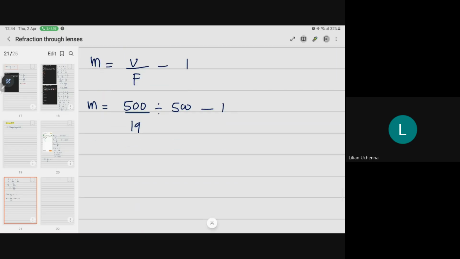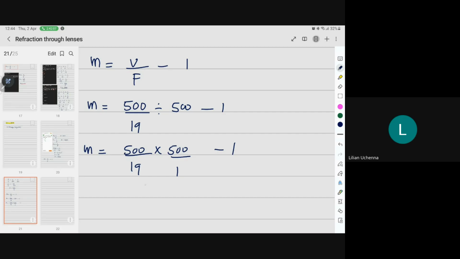So that M is equal to 5 over 19 times 500 all over 1 minus 1. Sorry, if you invert, this should be 1 over 500. So that M is equal to 1 over 19 minus 1 over 1. So what will it give us?